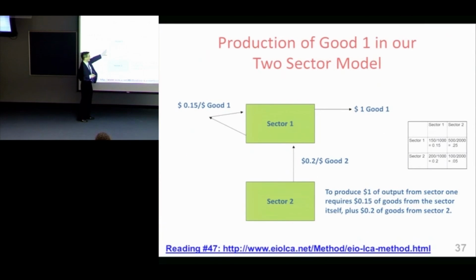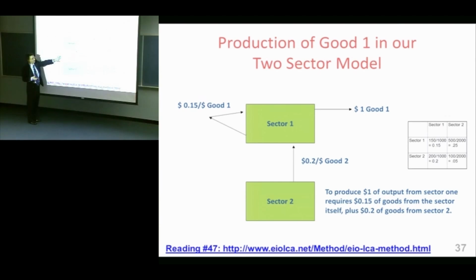So this is just visualizing it. If I have $1 of good number 1 coming out of sector number 1, what's required to produce that dollar value of good 1 is 15 cents of goods from that sector, and about 20 cents of goods from sector 2.